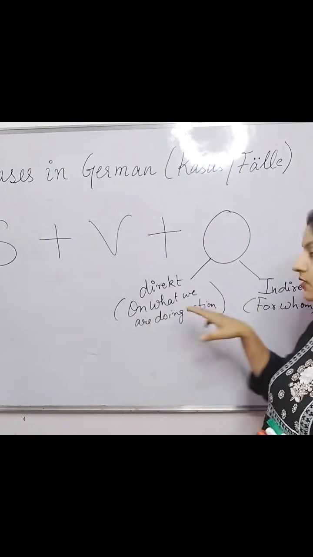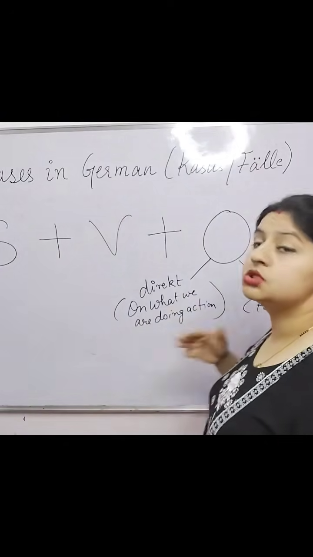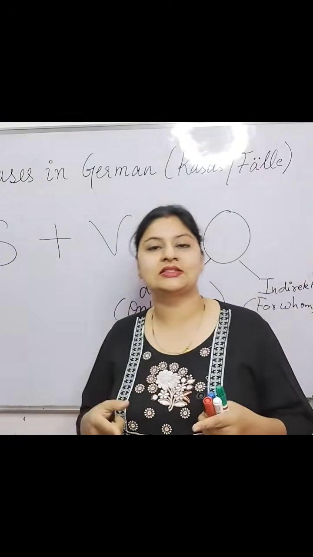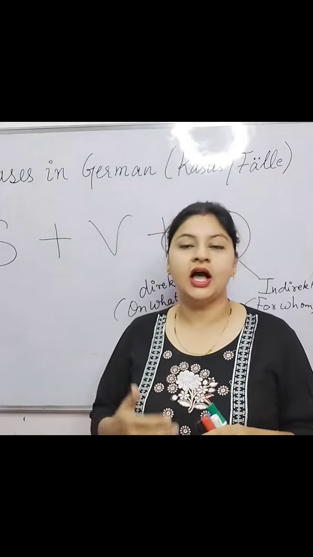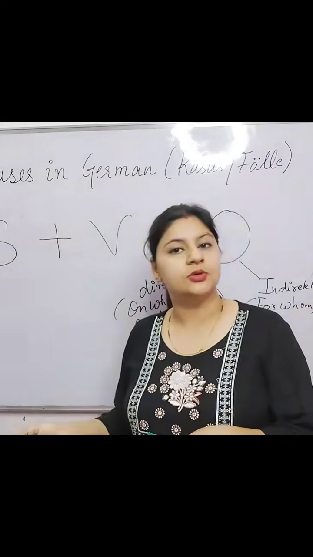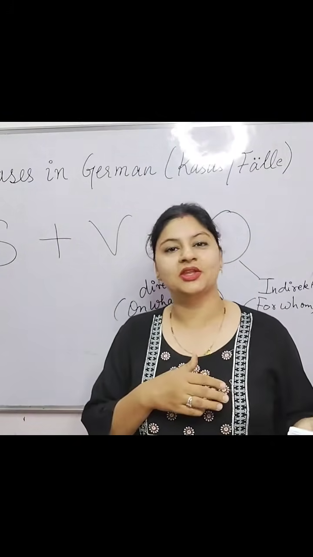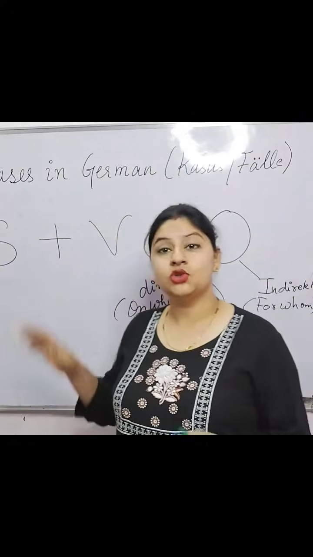Who is nominative, who is accusative and who is dative. So in our next live session we are going to do accusative article and accusative pronoun, dative article and dative pronoun.